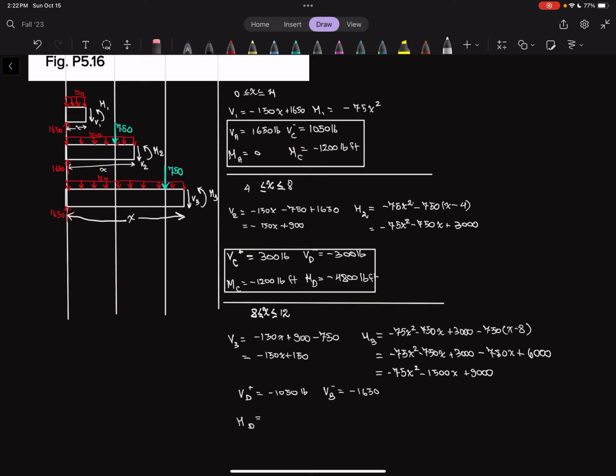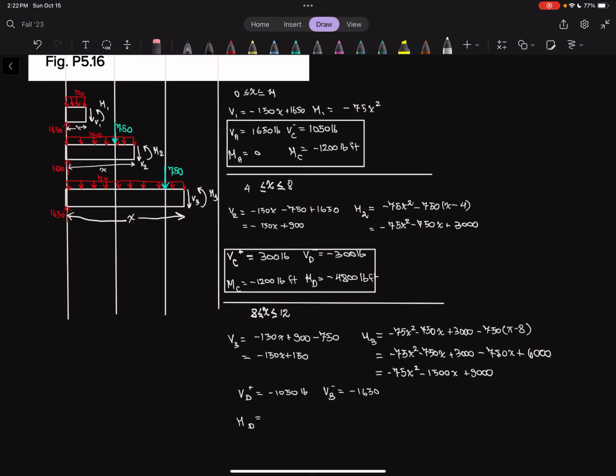But, and let's see, when I get minus 75 times 12 squared minus 1,500 times 12 plus 9,000, I don't even get 0. So let me see in my other times I've done this problem where the mistake might be.